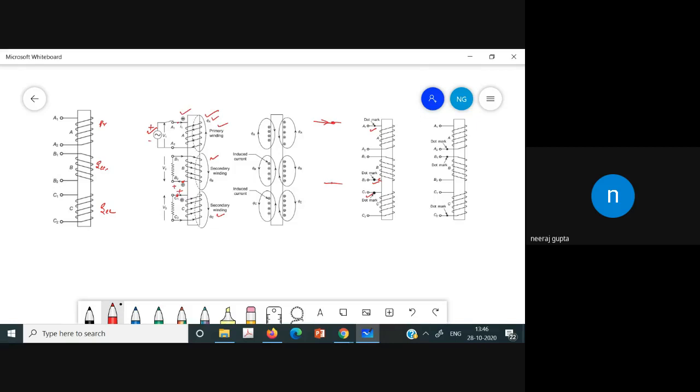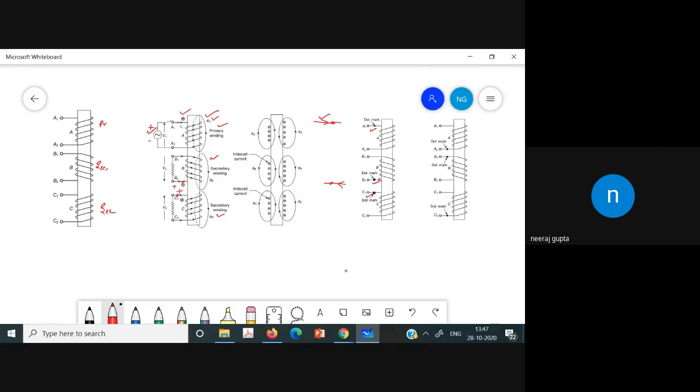So if the current is entering the dot on the primary side, then on the secondary side it will leave for the same polarity.